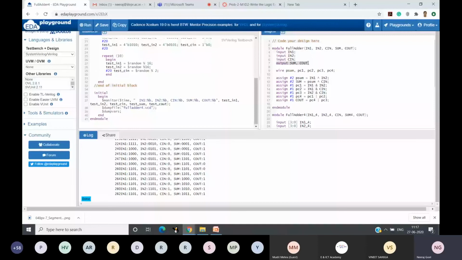So the first thing we have to design is the full adder. When I'm saying input IN1, input IN2, that means all of these signals are single bit. Okay, and these are the intermediate wires.